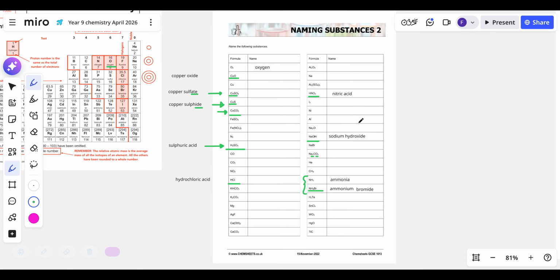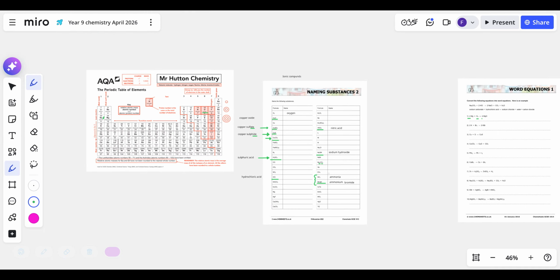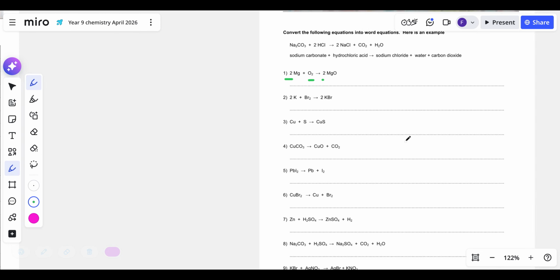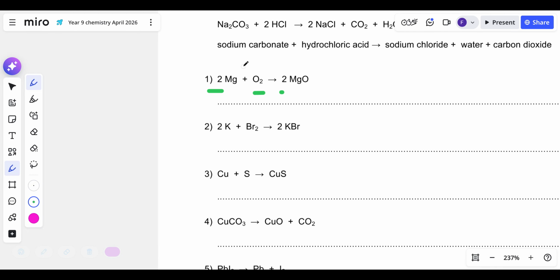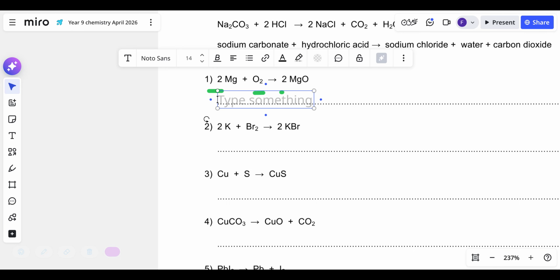Okay. Once you've finished this sheet, and I hope you do, don't worry about it, take your time, go on to word equations. So for word equations, you are given a symbolic equation. Now just remember, you are not concerned by the numbers. This is big M little g. Look on the periodic table, this is magnesium.